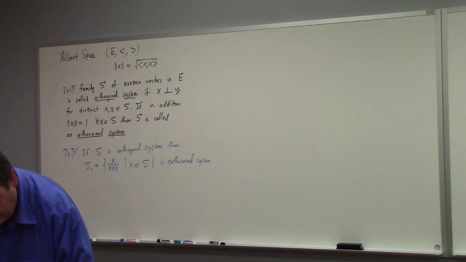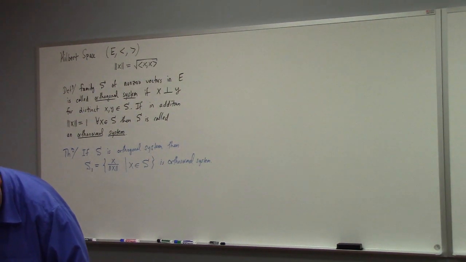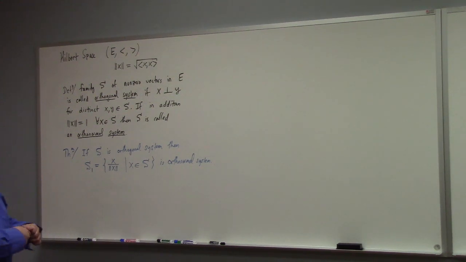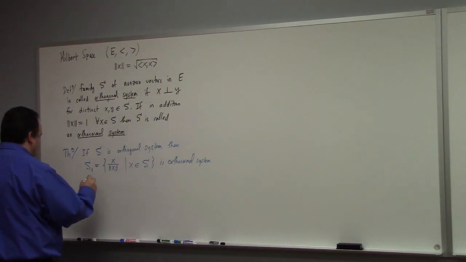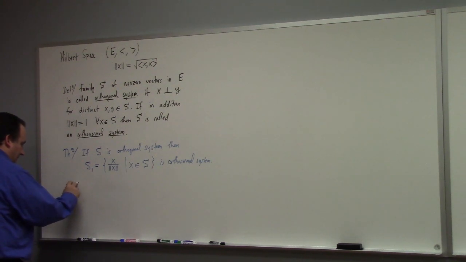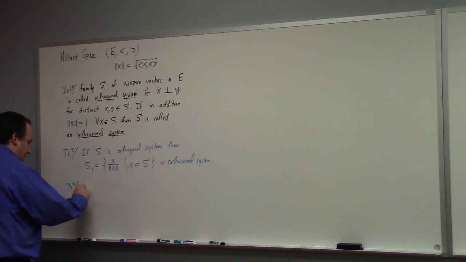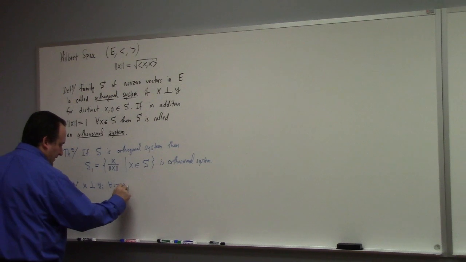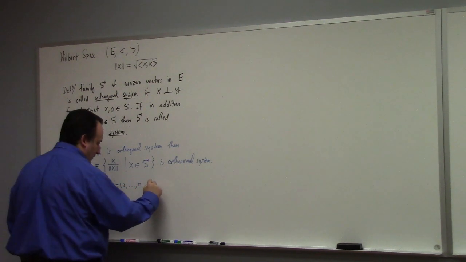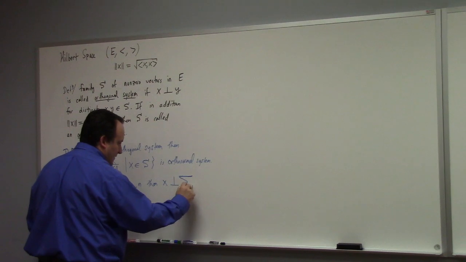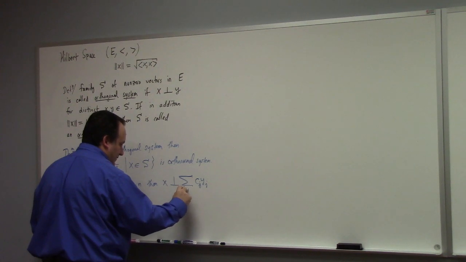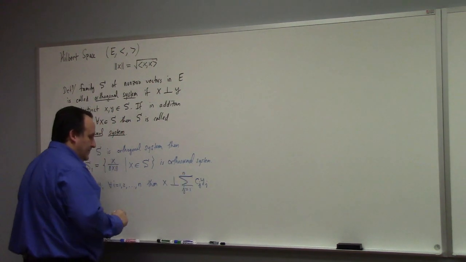He says, if x is orthogonal to each of y1 through yn, then x is orthogonal to every linear combination of those vectors. So it's another theorem. If x is perpendicular to yi for all i equals 1 to n, then x is perpendicular to the sum of cj yj, so any linear combination of the y's, right?